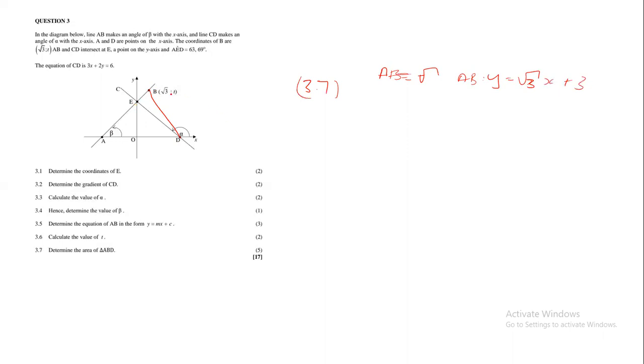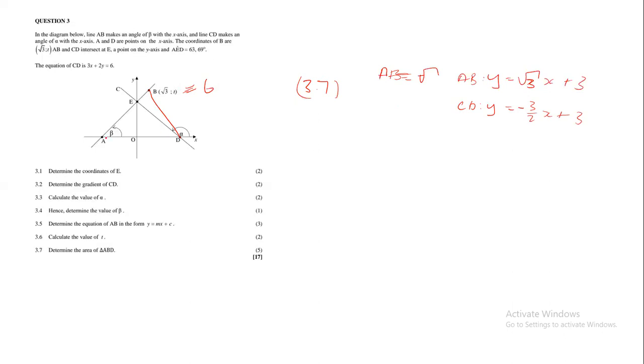And we have already determined the equation of CD. We said that the equation of CD was y equals negative 3 over 2 x plus 3. And we said the value of t in this case was equal to 6, if I remember. Right. Because you're going to need those things.